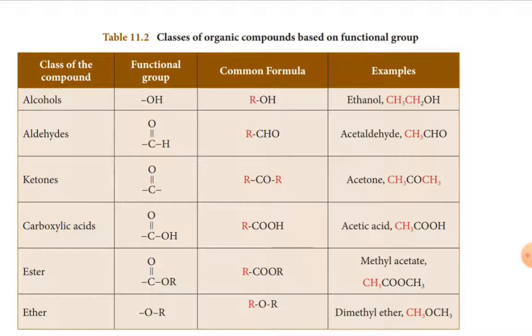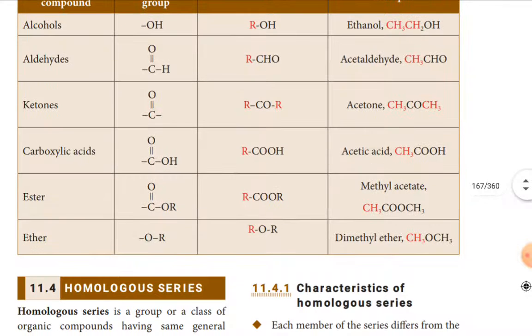Replacing one hydrogen by CHO, we get CH3CHO. The CH3 is called methyl, and then CHO. So what is the name of this compound? Acetaldehyde.